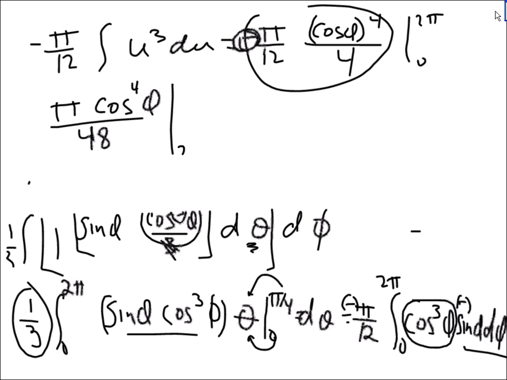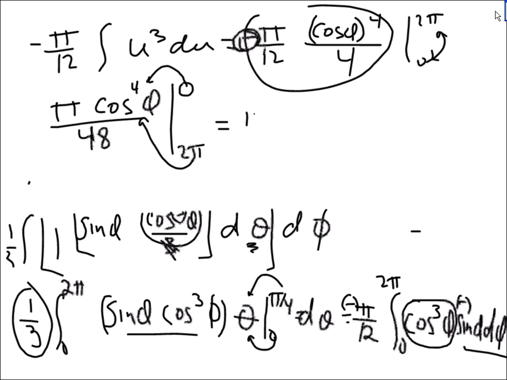But then you have to switch the limits of integration. Instead of from 0 to 2 pi, you just switch it, 2 pi to 0. Thing is that cosine 0 is 1 and cosine 2 pi is 1.